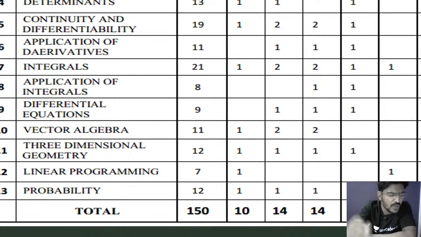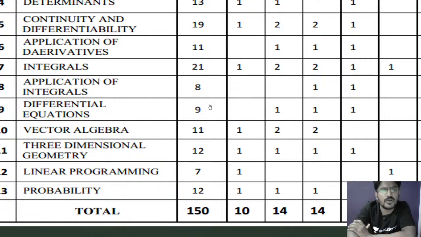In NCERT you have some more integral types: integration of dx divided by x square minus a square, x square plus a square, and integration of dx divided by root of x square minus a square or root of a square minus x square. That type of integral is for 5 marks. So go through those. 6 plus 5 will be 11.